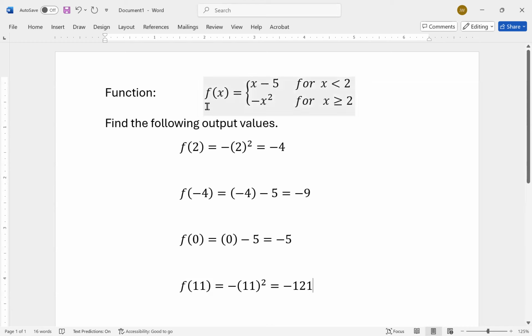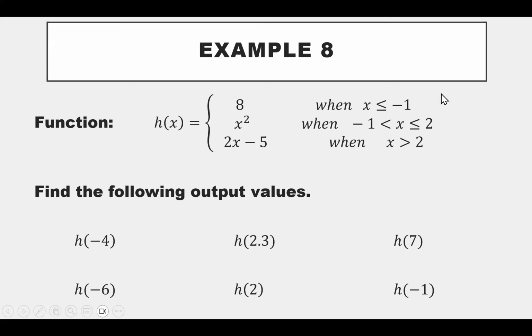So I say this is a piecewise function and it has two parts to it. Not all functions that are piecewise have to only have two pieces. Here is a piecewise function with three parts to it.